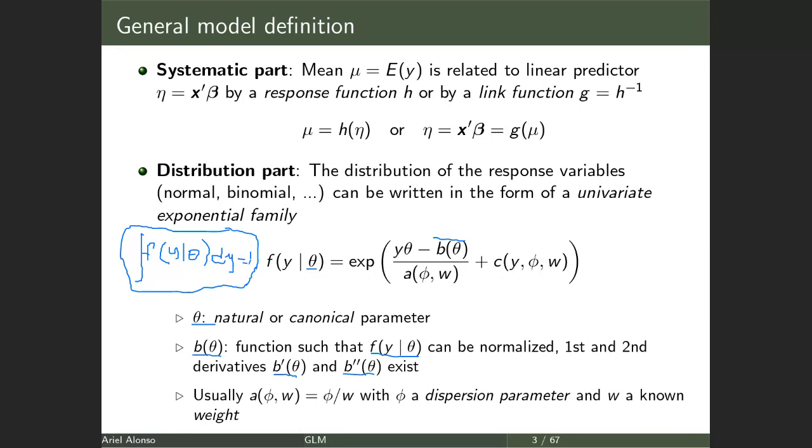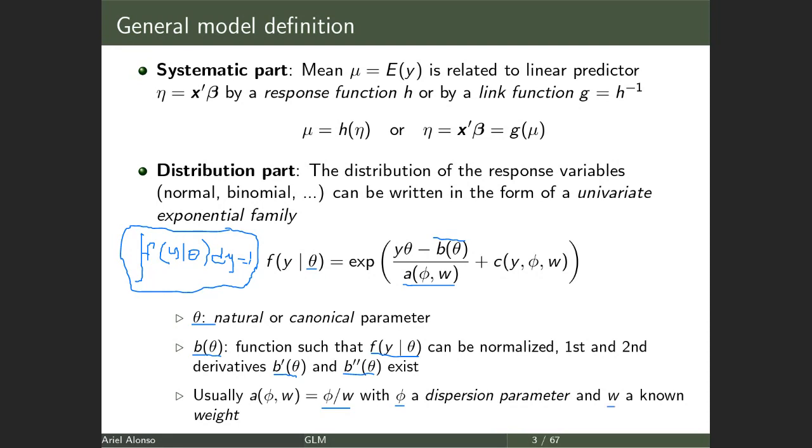Now you have this other element, which is a function that depends on two things: psi and w. Usually, you choose this A as the ratio between psi and w. Psi is called the dispersion parameter, and we will learn a little bit more about that later. W is just a known weight.